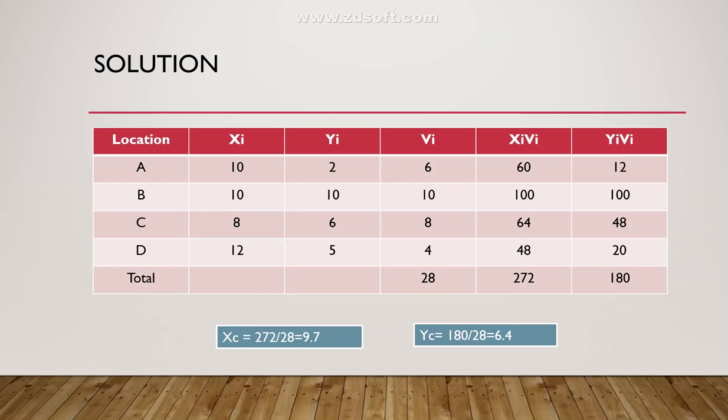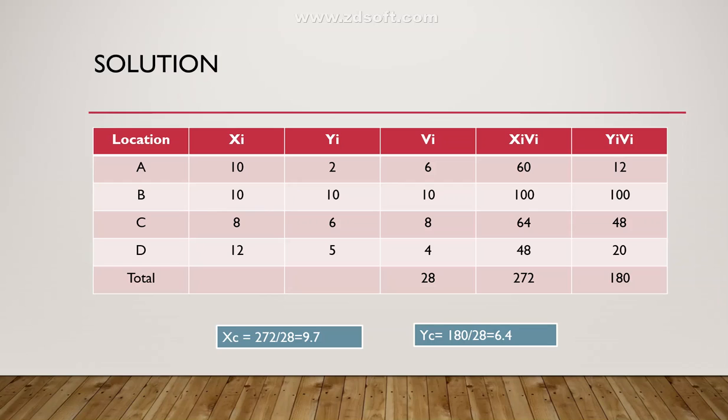For D, 12 multiplied by 4, we get 48. So we have all the weighted scores with respect to the sum of xi and vi. So together all the scores we have 272.